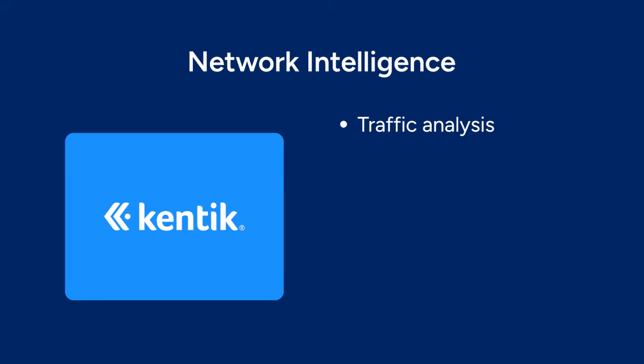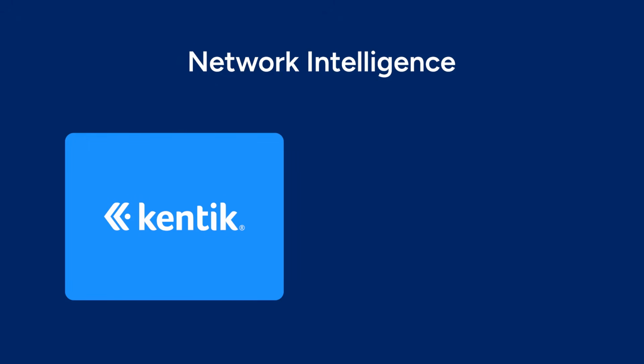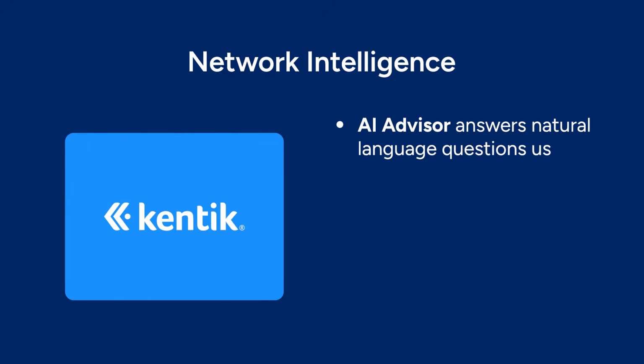It unifies traffic analysis, network metrics, routing context, cloud telemetry, and synthetic testing all in one platform, and then layers AI on top. Kentik AI Advisor interprets natural language questions, plans multi-step investigations, and returns evidence-backed answers grounded in your own network data.